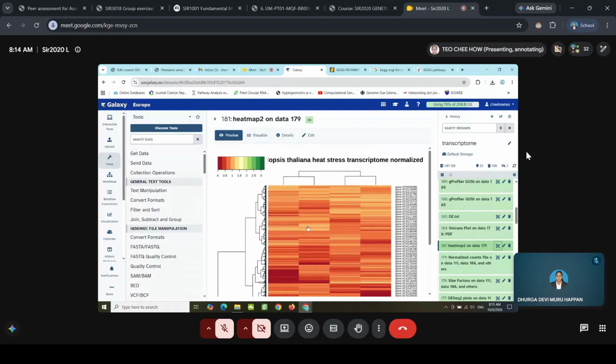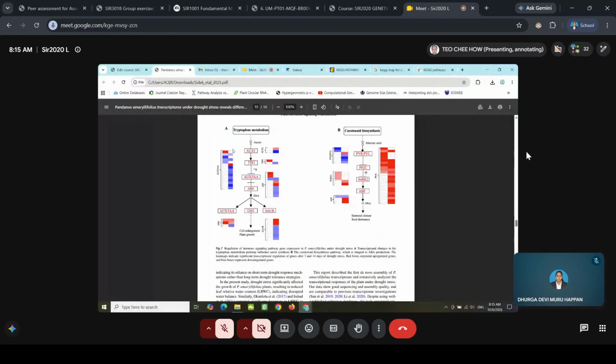So you can actually find out the genes, and then extract the information and put it into something like this. So the first one is actually the control, and this is drought treated. So you can compare between 7 days and 14 days, and you see the expression changes, right?